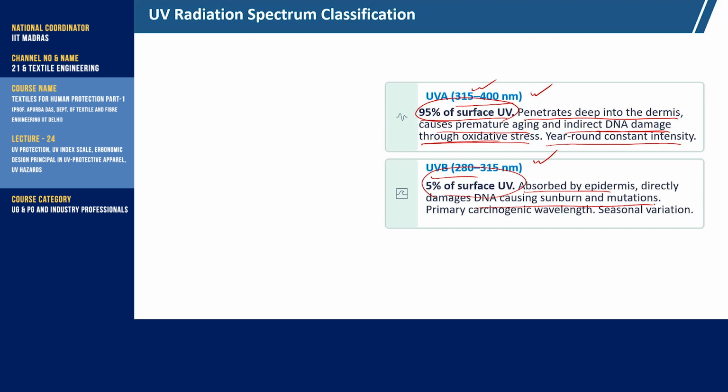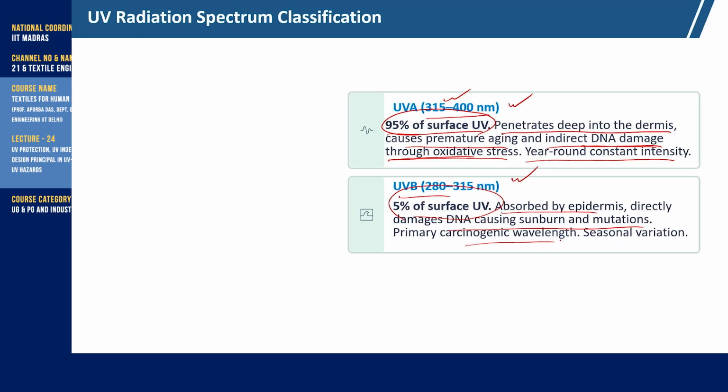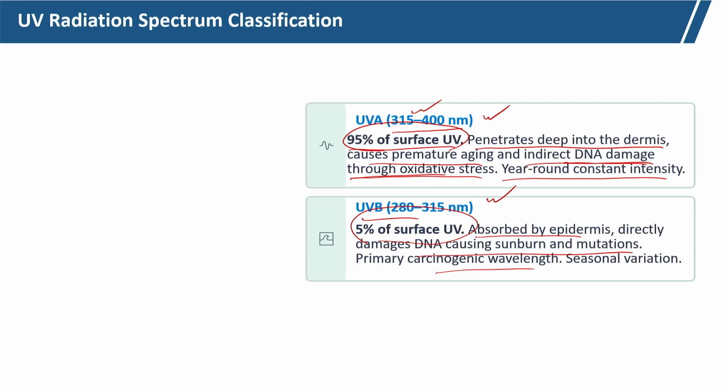Although the quantity is 5%, it is damaging, and this is the primary carcinogenic wavelength, and it causes skin cancer. It varies with the season, whereas UVA intensity is constant irrespective of the season.